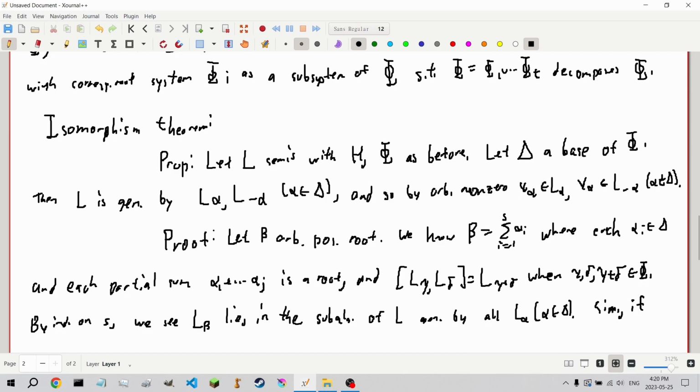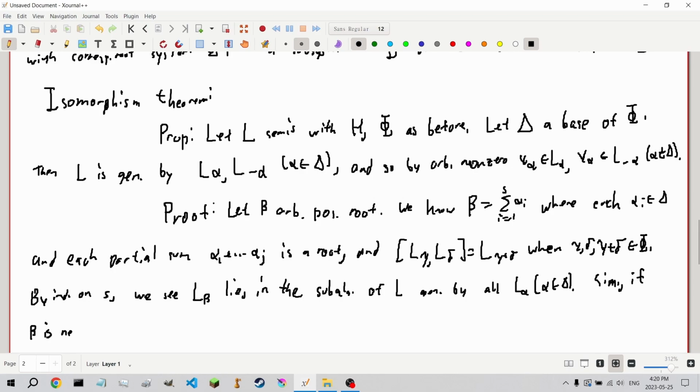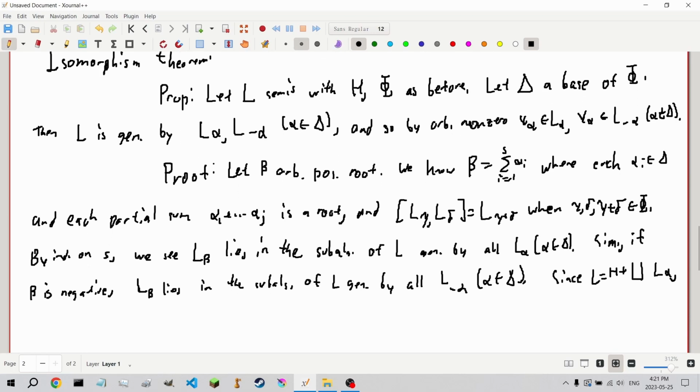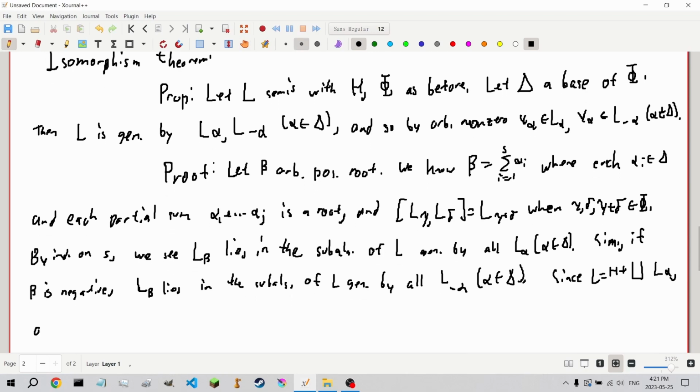Similarly, if beta is negative, then L_beta lies in the subalgebra of L generated by all L_negative alpha for alpha in Delta. Since L is H plus the disjoint union of these root spaces, and H is the sum of the brackets of L_alpha and L_negative alpha, we are done.